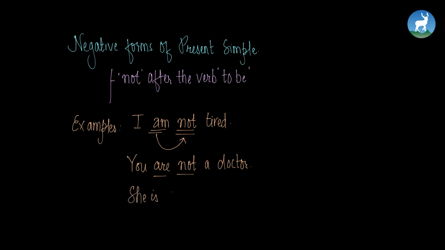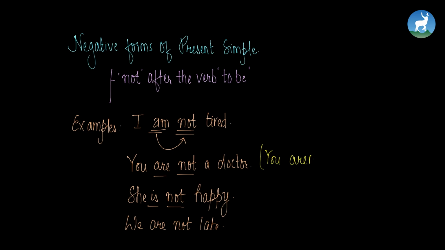She is not happy. We used not after is. We are not late. Here too we used not after are. So you could also write it using the contracted form as you aren't, she isn't, we aren't. So whatever you feel easy doing, you may use that form.